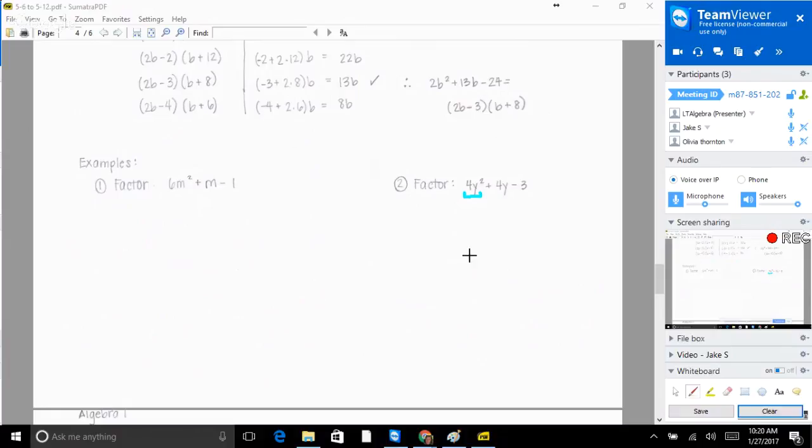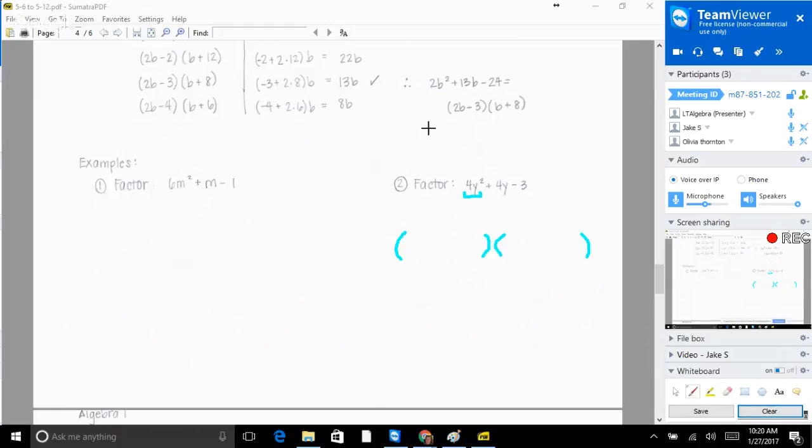When we want to factor, what we're trying to do is figure out these parentheses, how to break it apart. Usually we'll start with the first term, and it's easy because if it's just y squared, you just do y and y. But we have 4y squared, so there's actually more possibilities of what we can put in our first term.